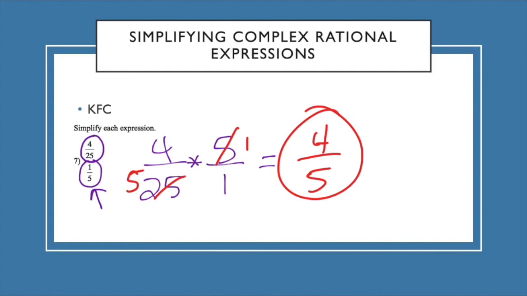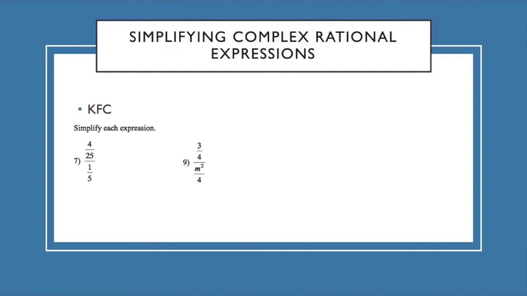Here we go. Number 9. I want you to notice that the main fraction line for this one is a little bit bigger than these little ones. So that's how you can tell what's the numerator of the whole and the denominator. So I'm going to keep the 3/4. What am I going to flip?